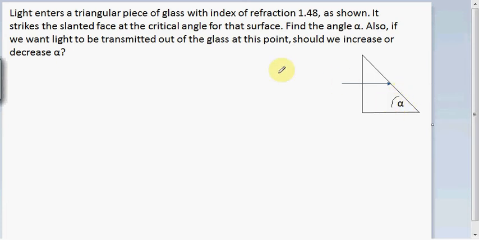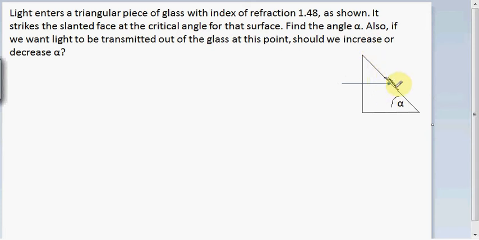So let's start with the first part. Basically this light strikes this surface here at the critical angle, and we want to know what this angle alpha is. First of all, just a reminder that angles in general, the critical angle and angles that you use in Snell's law, are all measured from the normal, in other words, a line perpendicular to the surface.